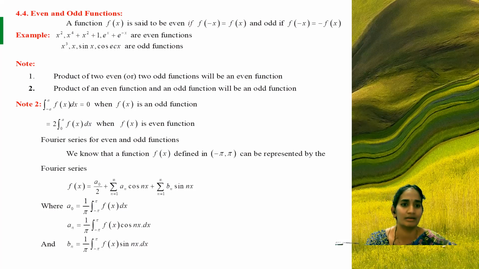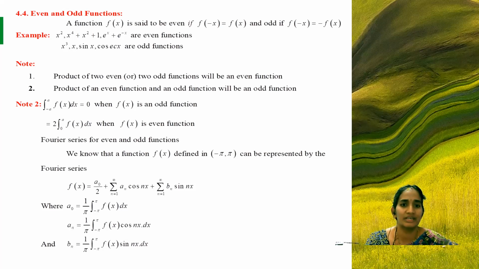Okay. For example, x square, x power 4 plus x square plus 1. Every x place you are replacing minus x. Minus x whole square is once again x square. Minus x whole power 4: the power is even, so we are always getting positive.